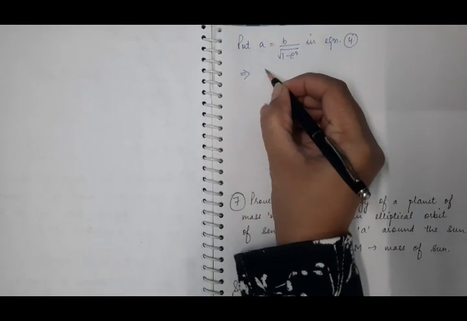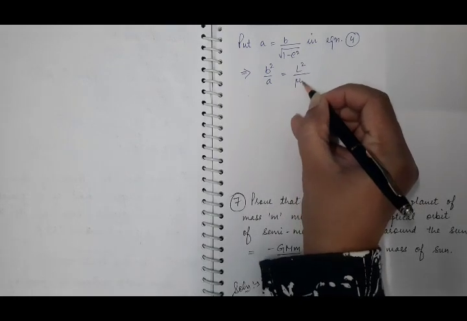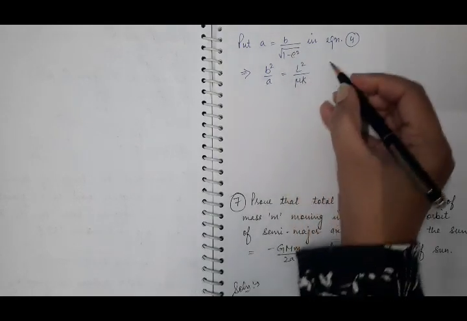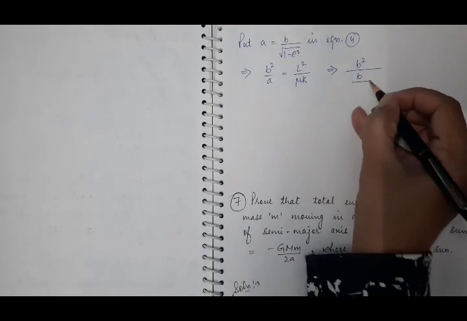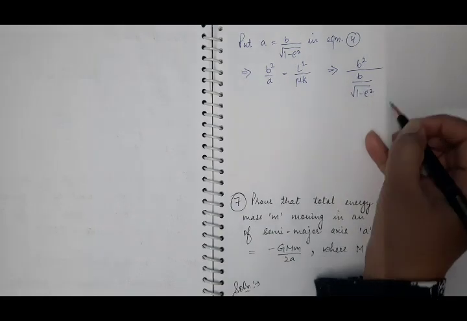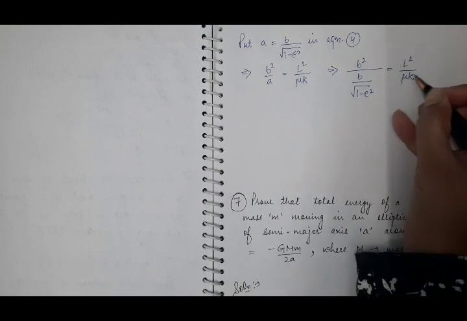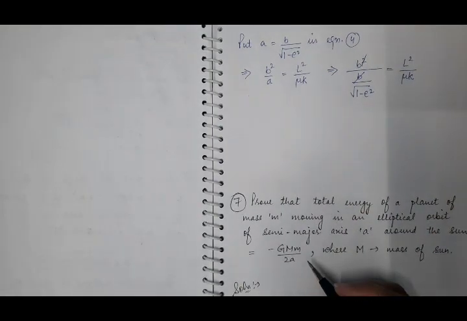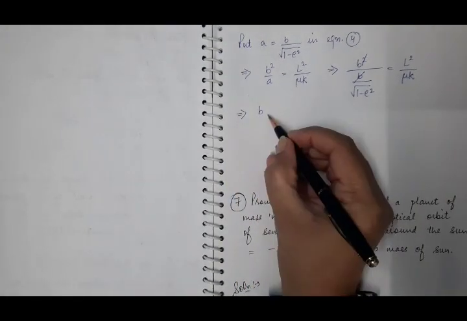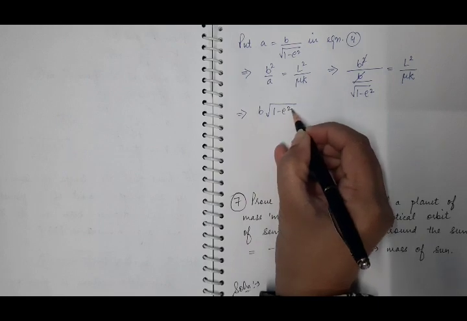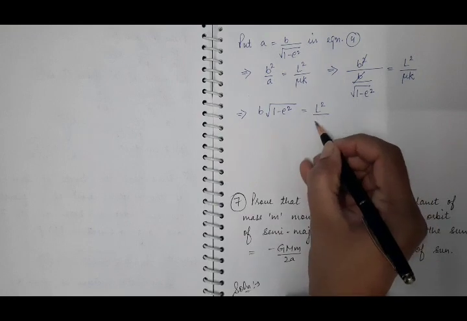So we have b square by a equal to L square by mu k. Now put this value of a and we will have b square upon b upon root 1 minus e square equal to L square by mu k, and this b and b will be cancelled out. So we have b and this root 1 minus e square multiplied by this b, equal to L square by mu k.